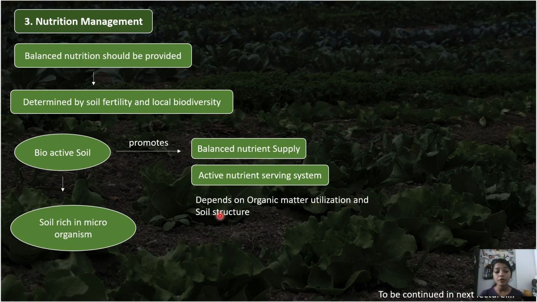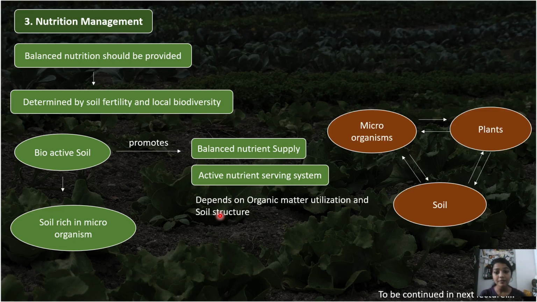But a good soil rich in microorganisms will look like humus, dark brown, with all kinds of nutrients because of the breakdown of the dead matter done by the microorganisms, and these nutrients get utilized by the plants. So for nutrition management, this is the triangle which is very important to understand.